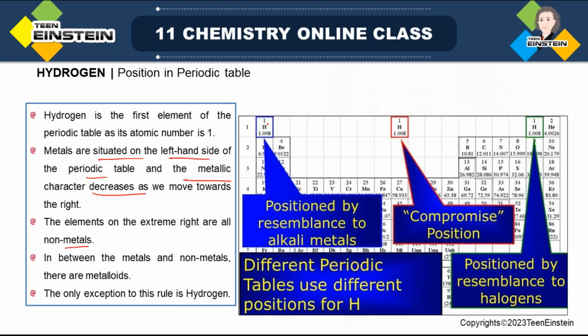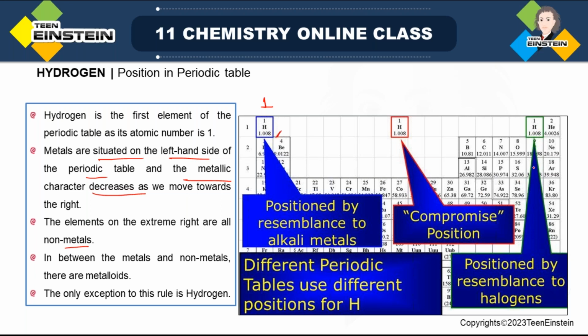Sometimes hydrogen is placed just above the alkali metals, that is group 1. And if you consider resemblance in properties, it has resemblance both with halogens as well as alkali metals.